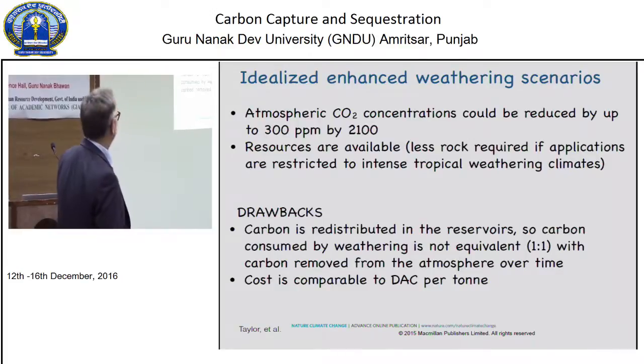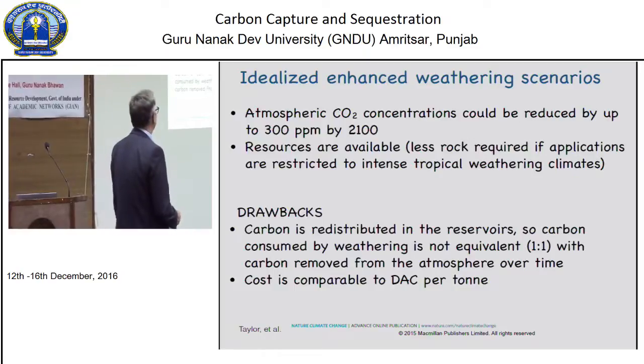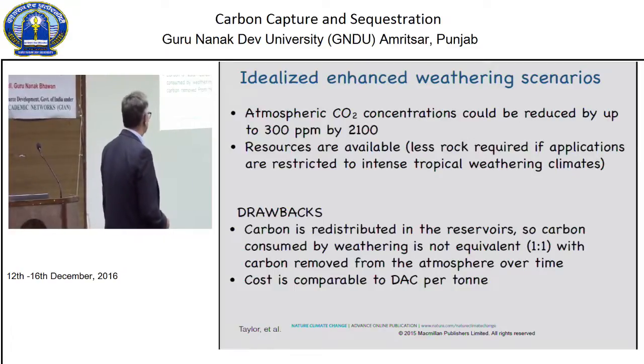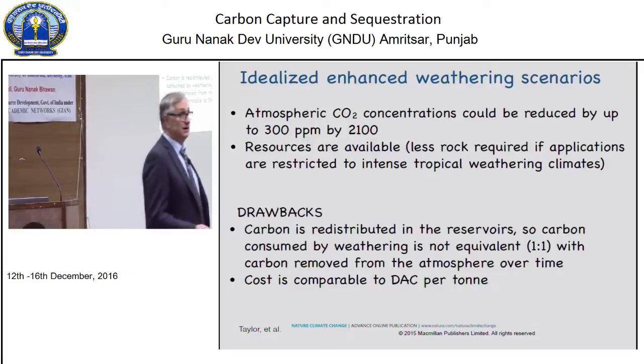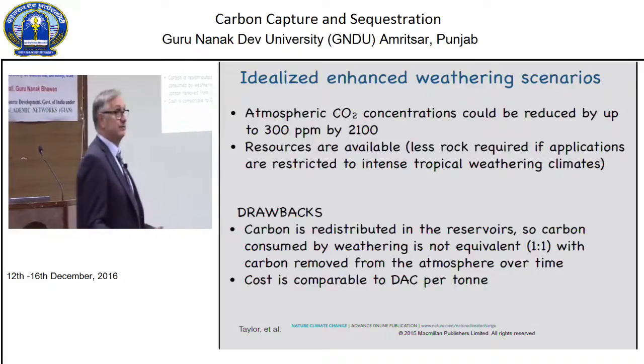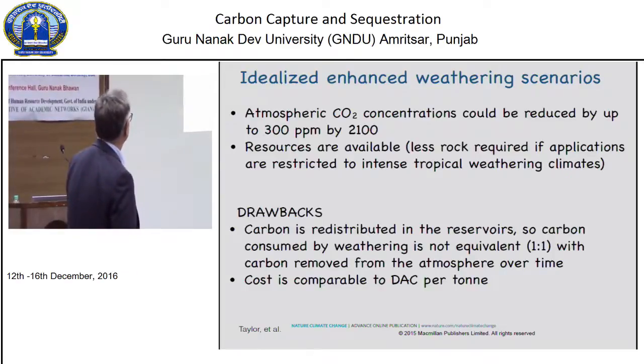And there are a few drawbacks, yeah? So carbon is redistributed, so it's really not equivalent. It takes time, and the cost is comparable to direct carbon capture if you look at it on a cost of CO2 per ton, which means without a carbon price and a way to distribute the money from carbon taxes to the people that want to crush up rocks, it's not going to happen.